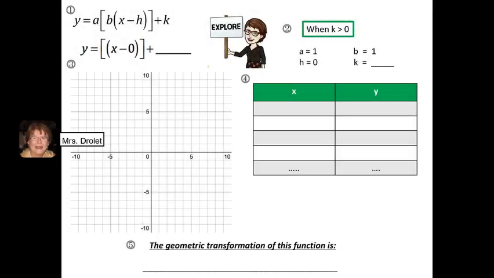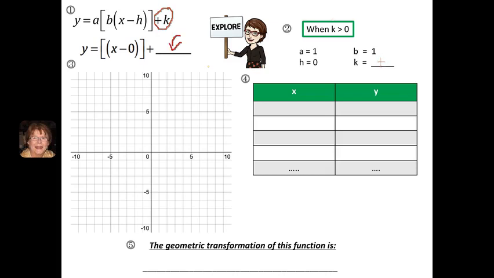So I want you to explore parameter K. I want you to first explore when parameter K is greater than 0. What does that mean? It means it's a positive number. Now, how do you know which one is parameter K? Parameter K is the value that is after the square bracket. The number will go here.